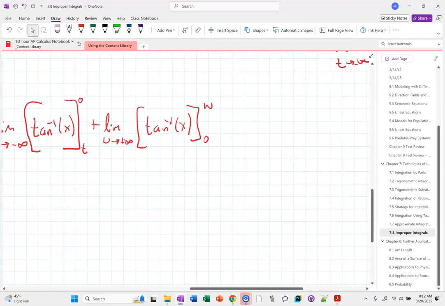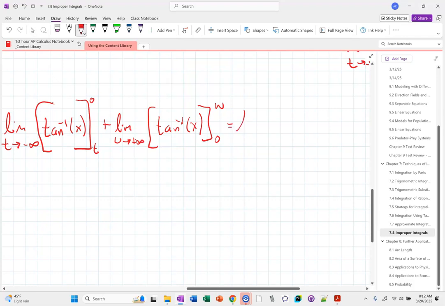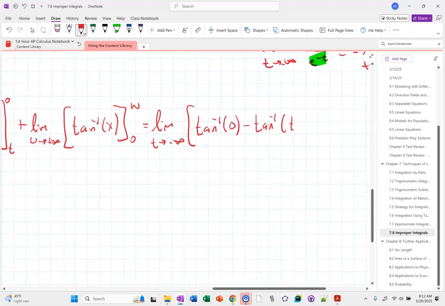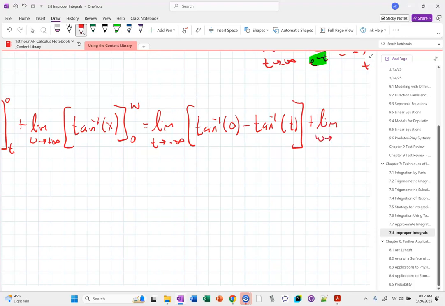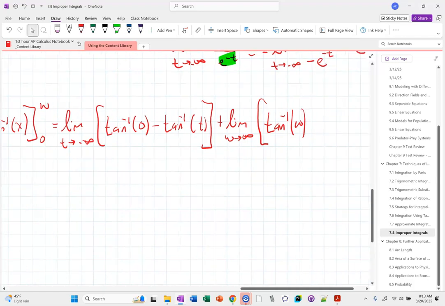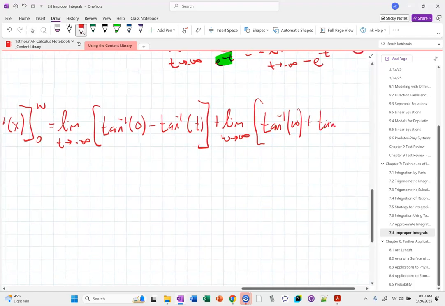Now do my definite integral definition. So this is going to be the limit as t goes to -infinity of tan inverse of 0 minus tan inverse of t, plus the limit as w goes to positive infinity of tan inverse w plus tan inverse 0.